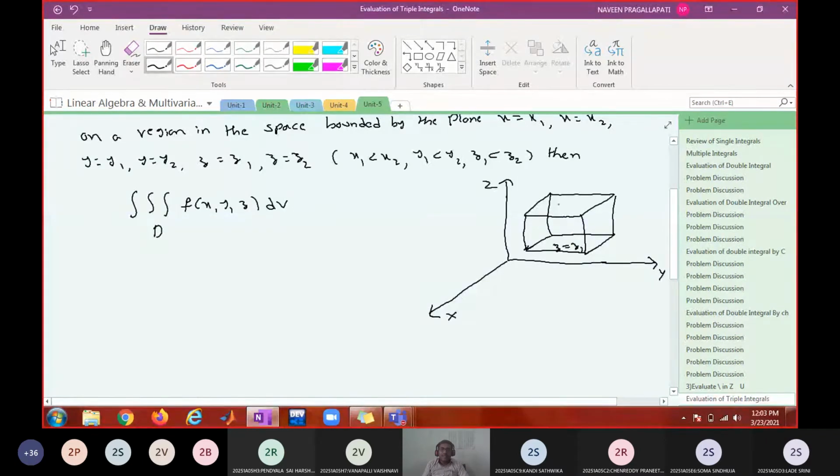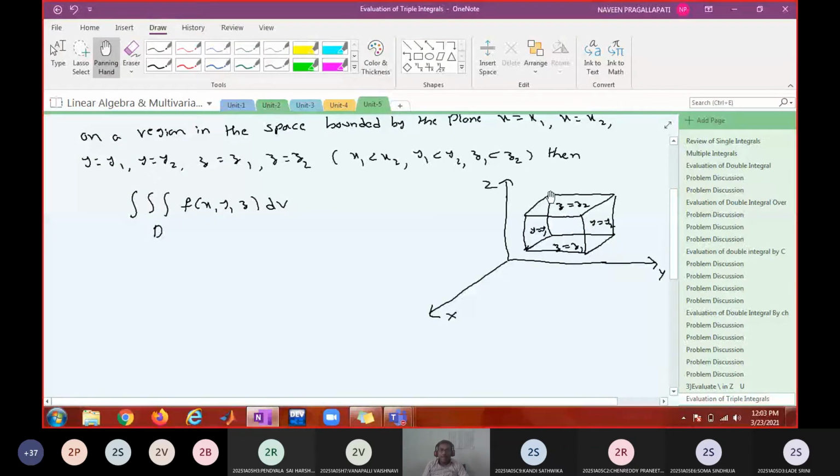Do you agree? And this is the z equal to z2 plane. This is the y equal to y1 plane, this is the y equal to y2 plane.